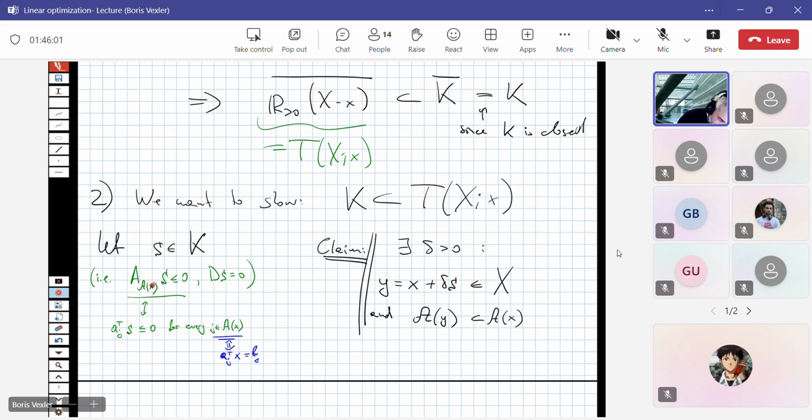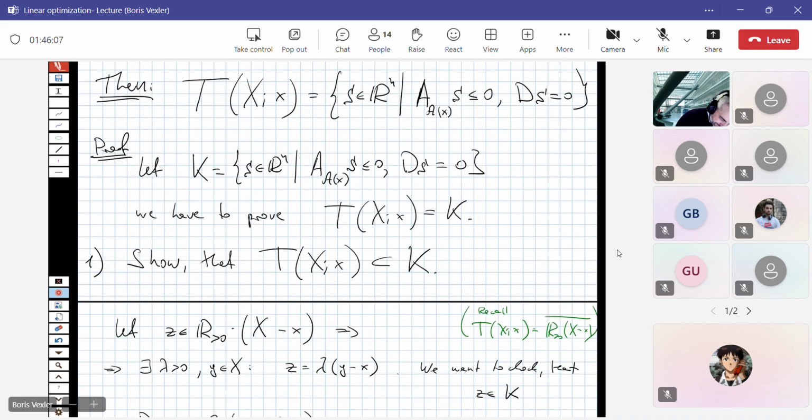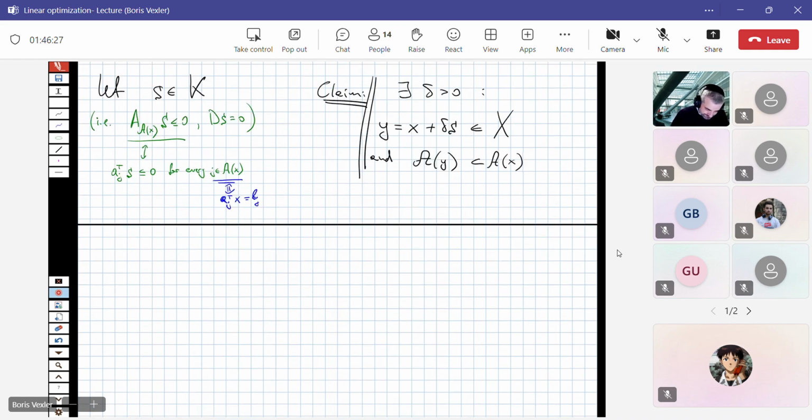This is the definition of K: we take the matrix A, take only the rows corresponding to the active indices of x, and these rows multiplied by s should be less or equal than 0. Clear?